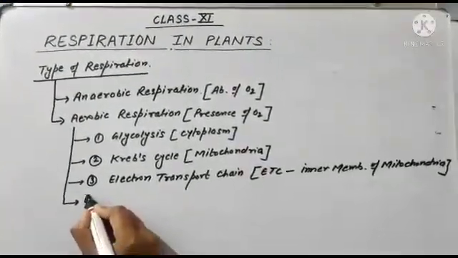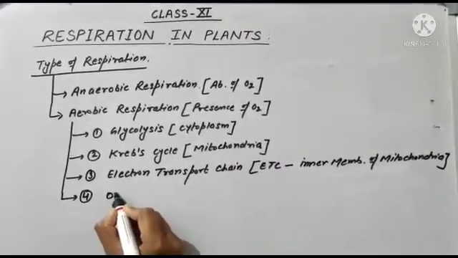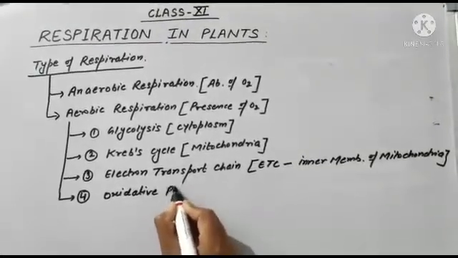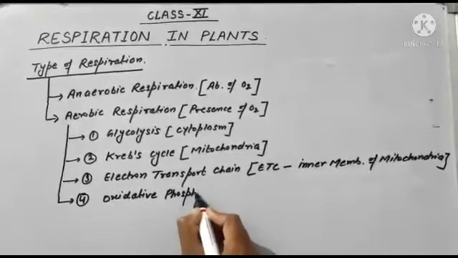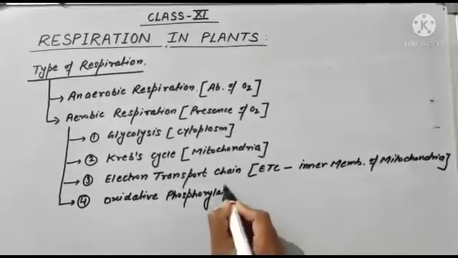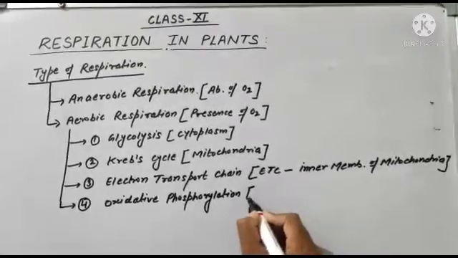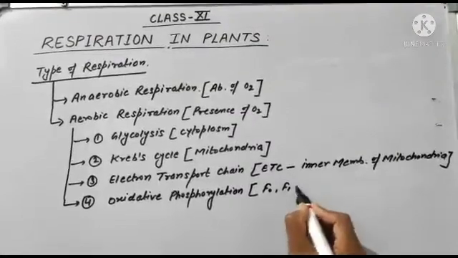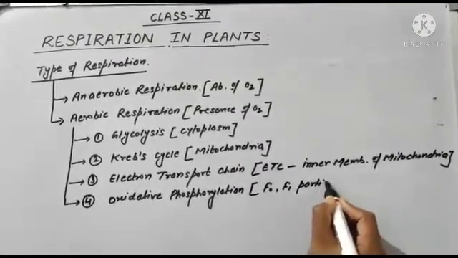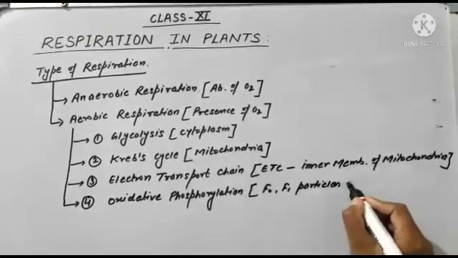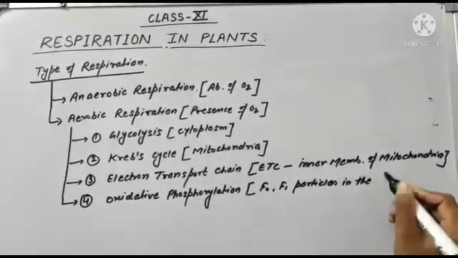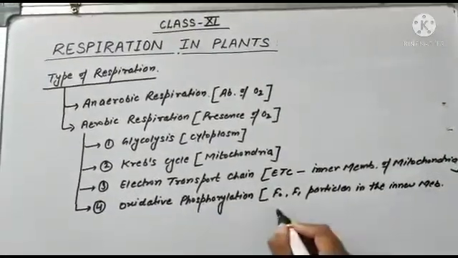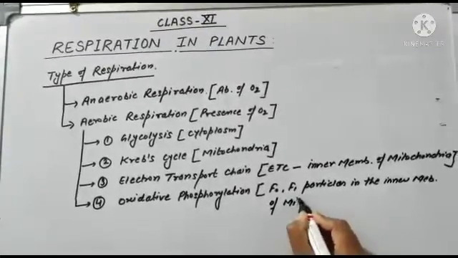The last step is oxidative phosphorylation. And the site for this oxidative phosphorylation is the F0 and F1 particles, which are present in the inner membrane of mitochondria.